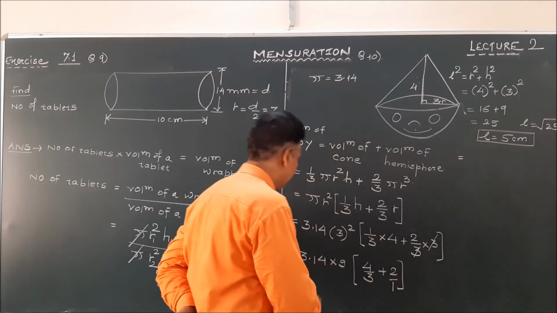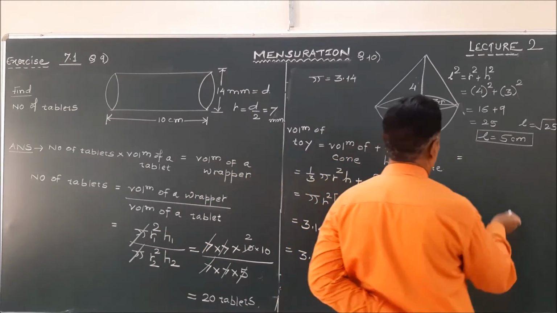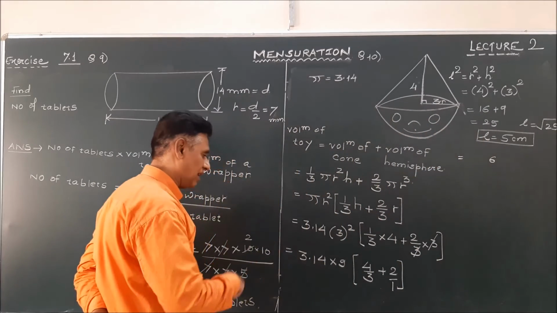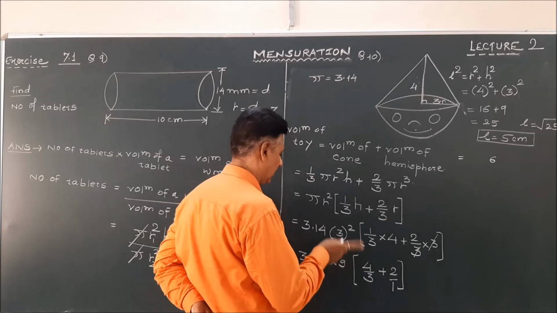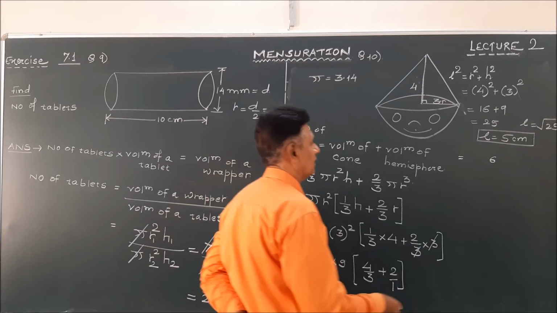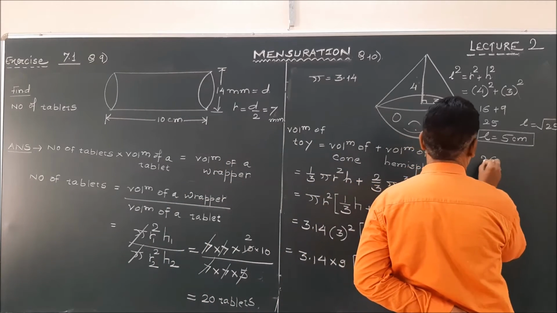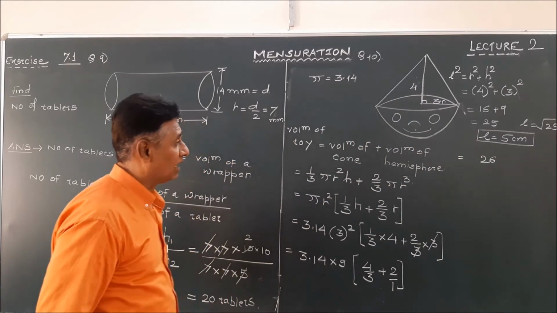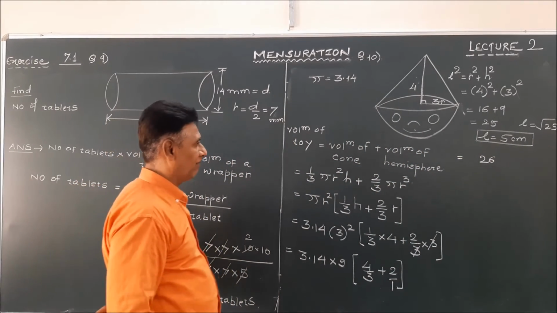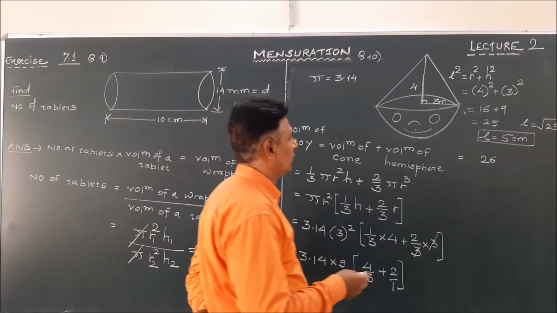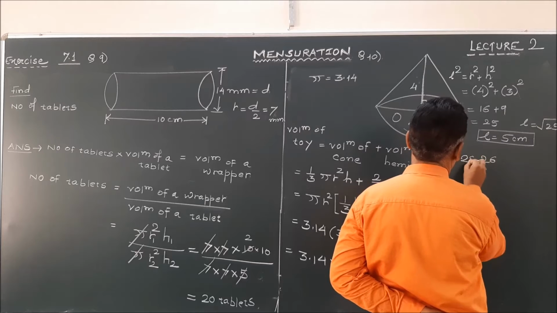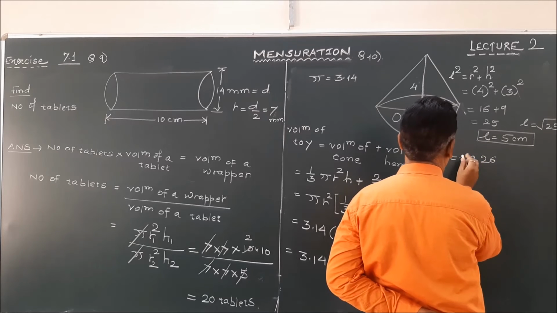Let's continue. 9 4s are 36, carry 3. 9 ones are 9 plus 3, 12, carry 1. 2, 8.26.